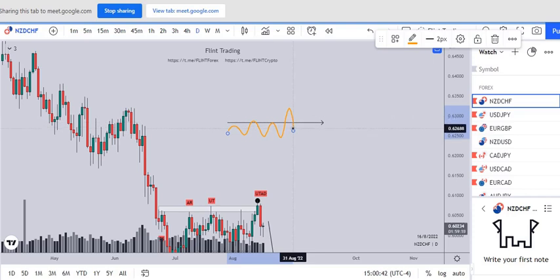Just understand the logic behind that. A liquidity grab gives the market fuel in order to push to any side. So if price doesn't get the fuel, it would not show momentum.